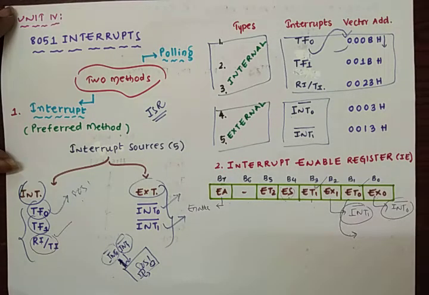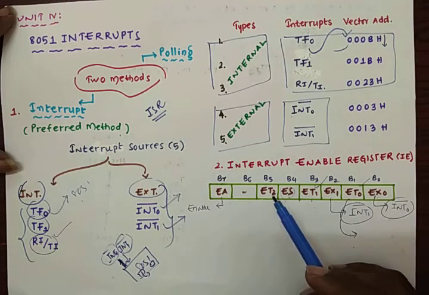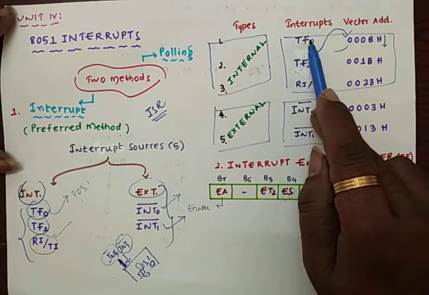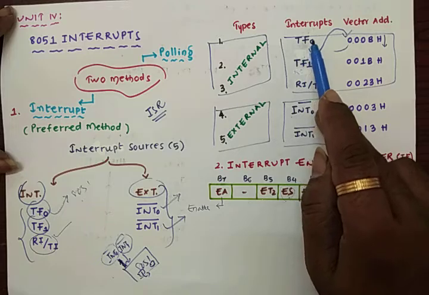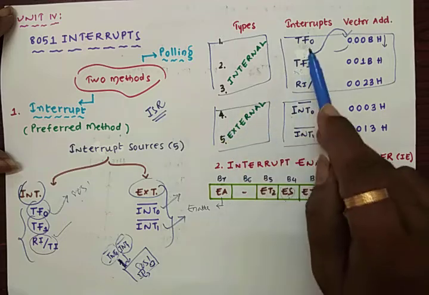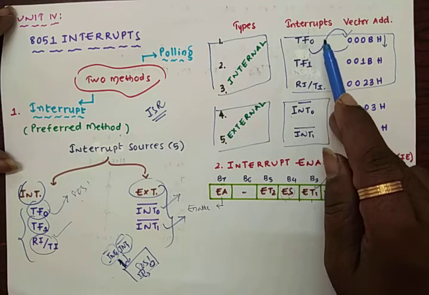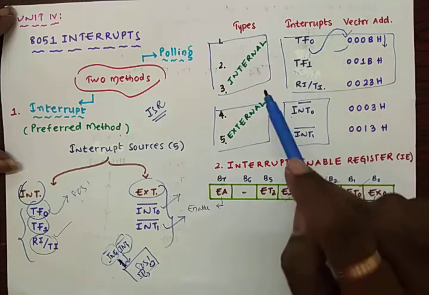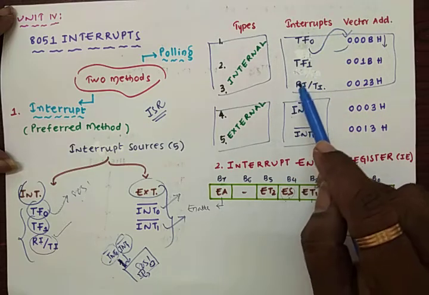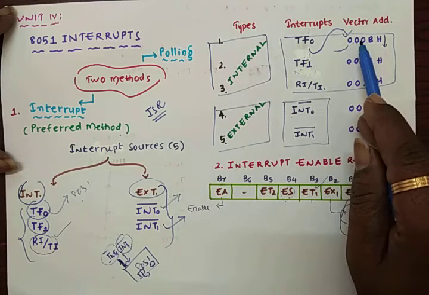Then I will go to another thing, the interrupt enable register. From this table it can be noted that whenever timer 0 overflows, the flag is set to 1, so it is going to stop the main program temporarily, and the program control will jump to the address 000BH.